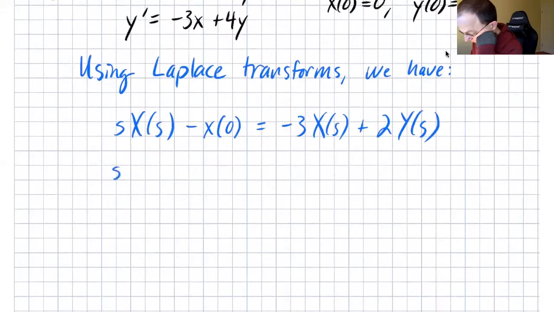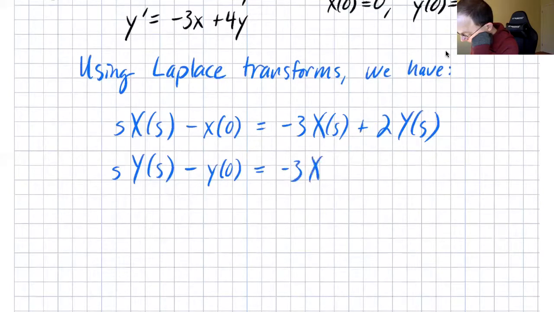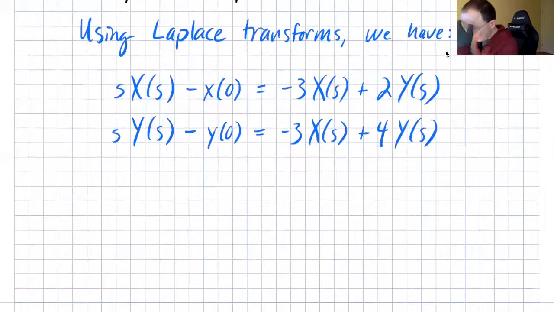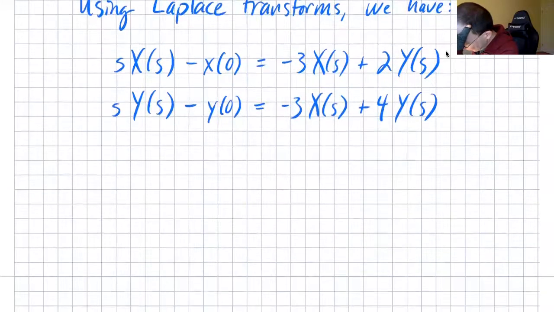And we have s y of s minus y of 0 is equal to negative 3x of s plus 4y of s. Okay, now what's going to happen here?